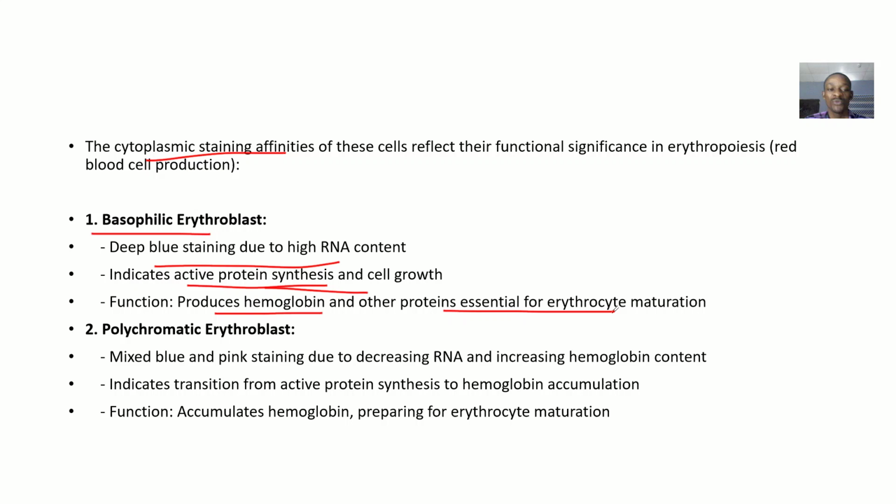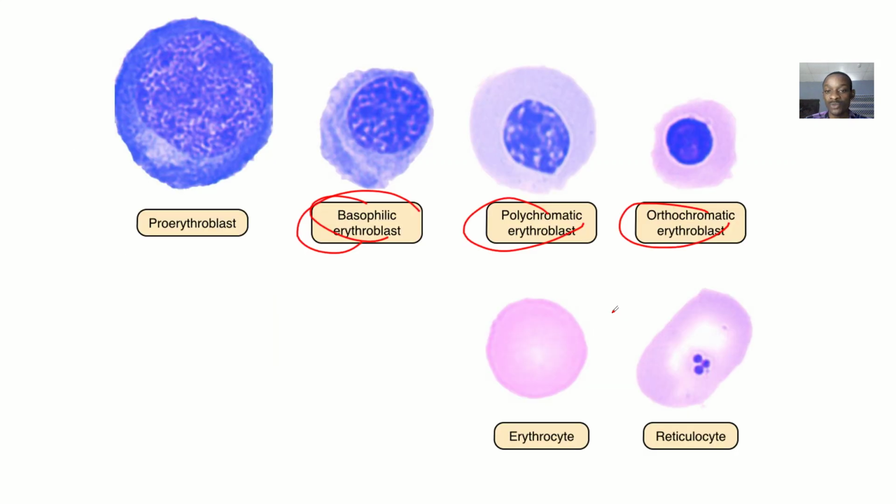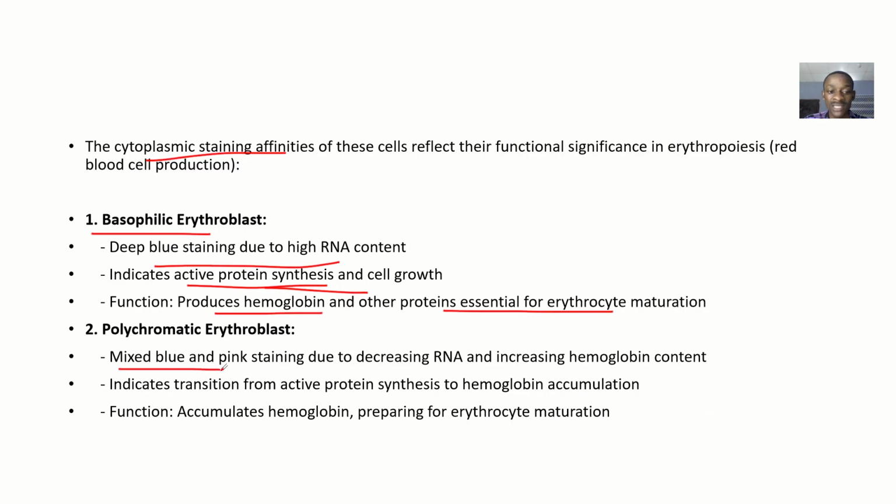You are done. Moving to the next one, polychromatic erythroblast. If you stain it, this is how it will look. Why? It is a mixed blue and pink staining due to increased RNA and increased hemoglobin concentration. The blue staining is due to RNA, while pink is due to hemoglobin.